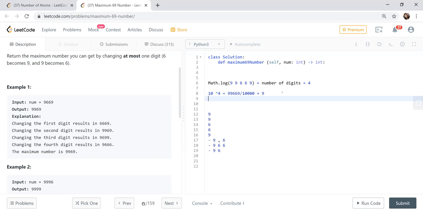For example, we have 99669. So initially when we do 2 steps, we'll somehow be able to traverse through 99 and then we'll reach 6. Know that there's something called 99 before and there's something 69 after.